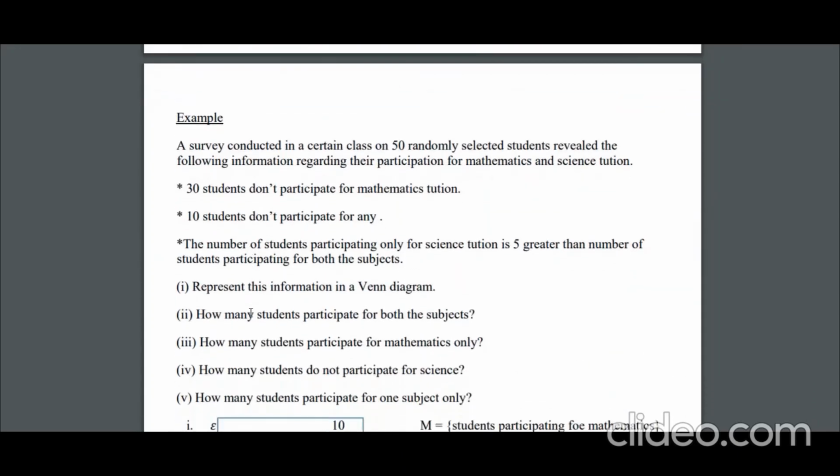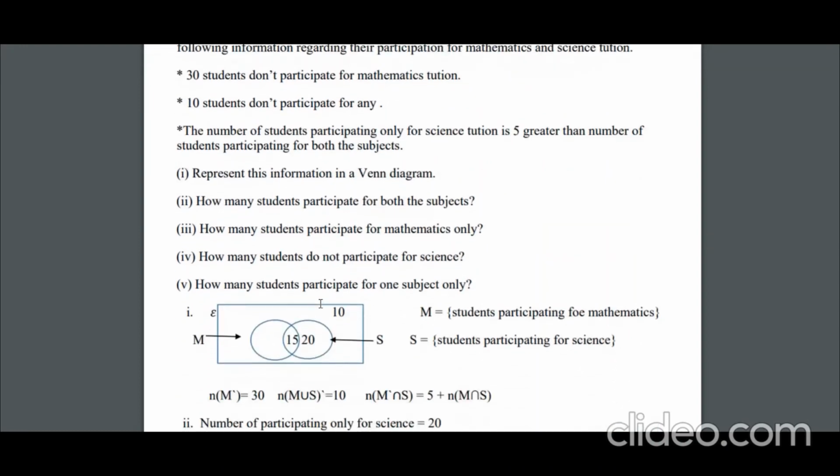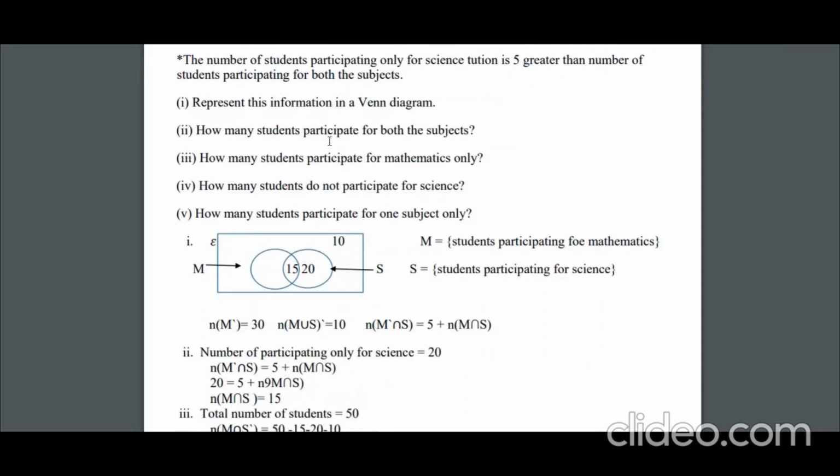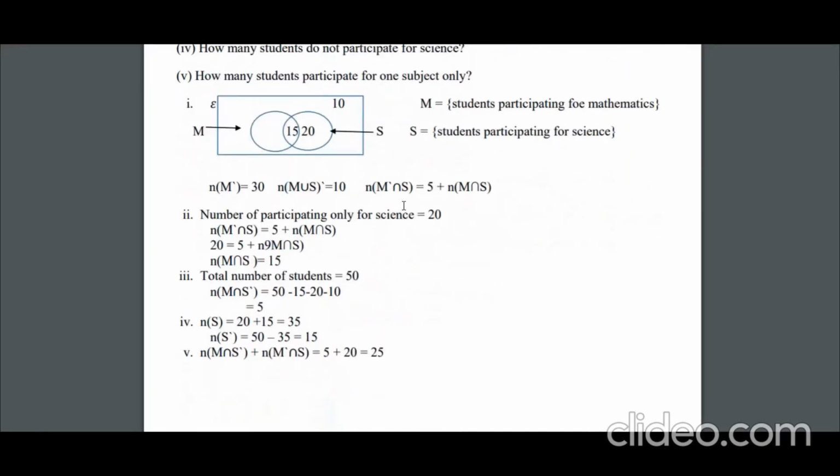So we looked at an example, which I hope you did, of how 50 different students participated in a survey, and then we answered the questions: the mathematics tuition, science tuition, people who attended, people who didn't attend, and who attended only for maths and for science.